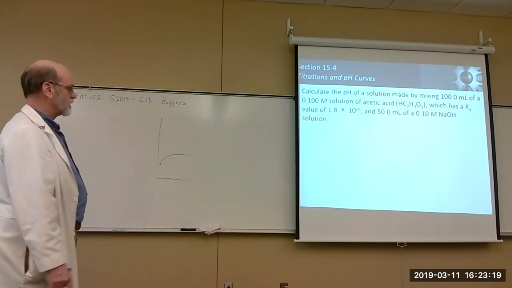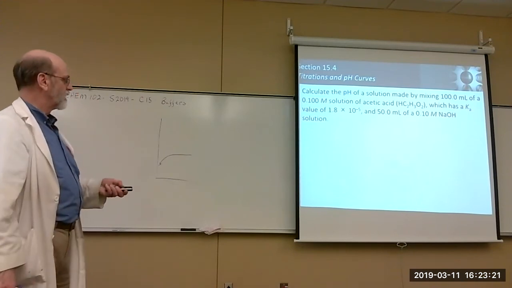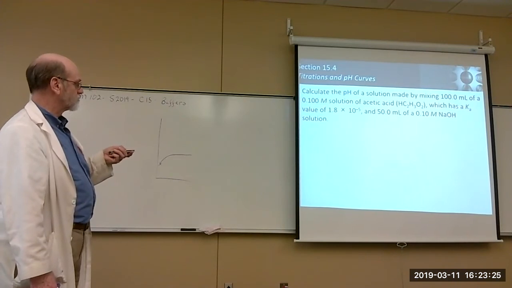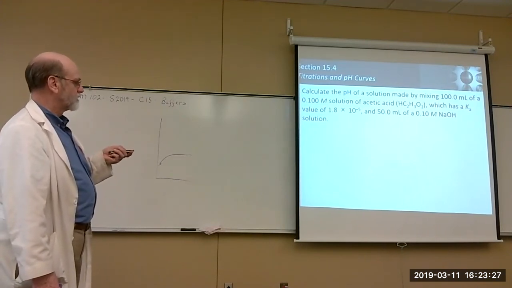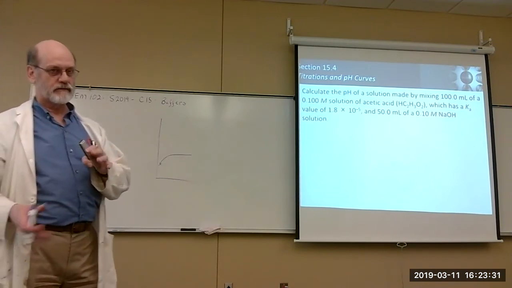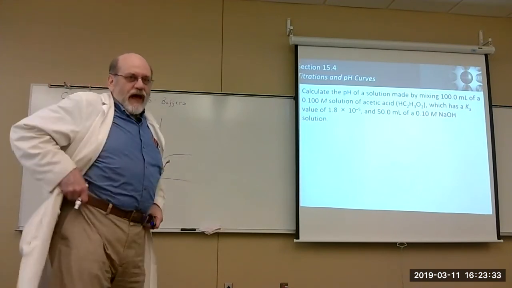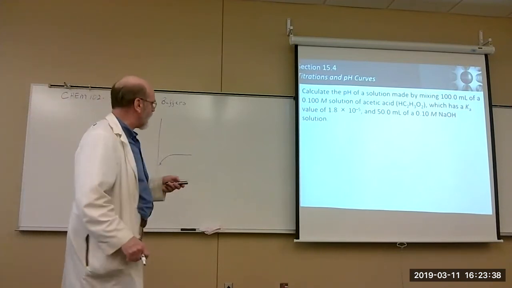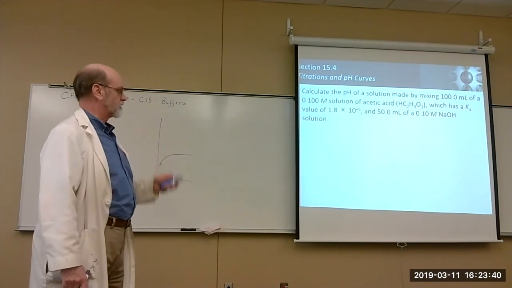So now we're going to take that 0.1 molar solution, acetic acid, and add some sodium hydroxide. Now the amount matters, because now we're talking about capacity, and we need to know the absolute amount that remains.